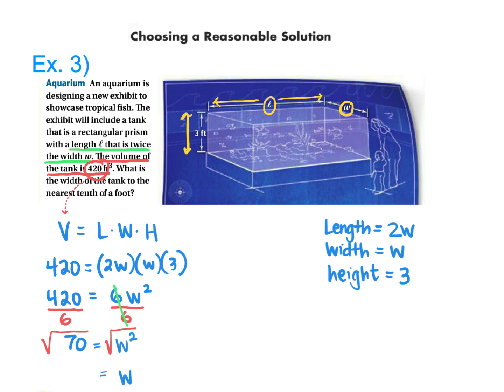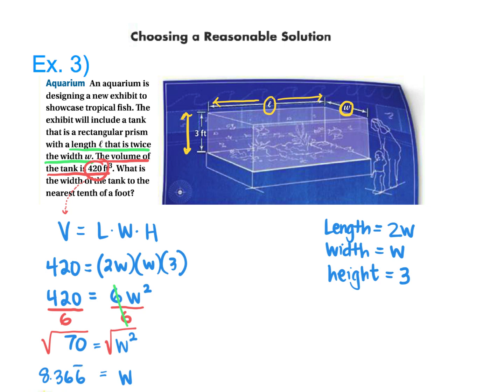And then we need our calculator to figure out what the decimal for 70 turns out to be when you use a square root. So we have the square root of 70. So again, you'll need your calculator for some of these questions. We're going to get 8.366 repeating. 8.3, and then there's a 6, and then another 6, and then another 6.